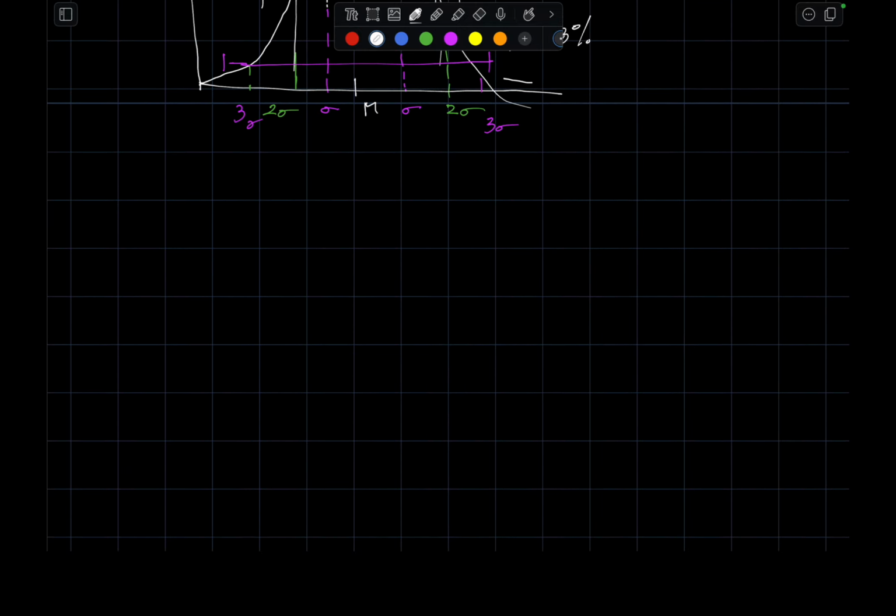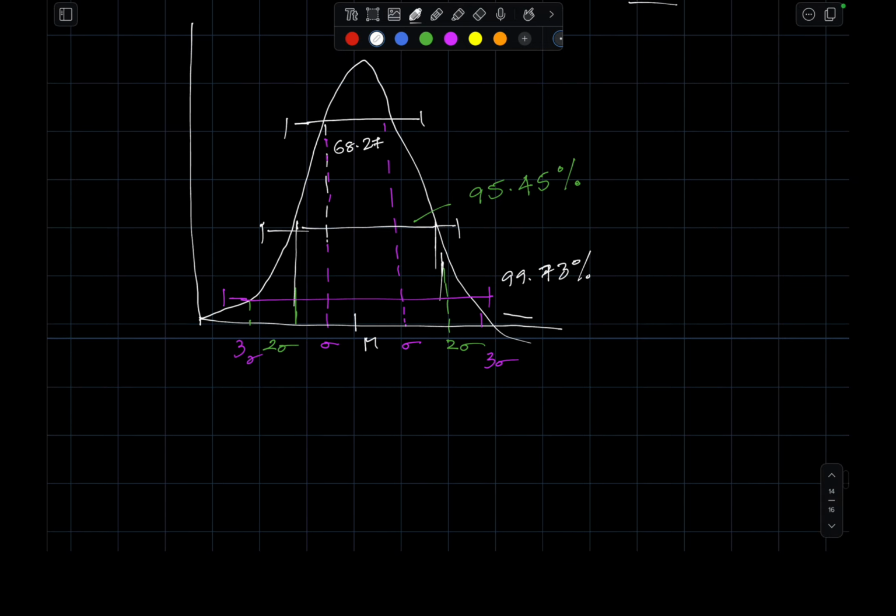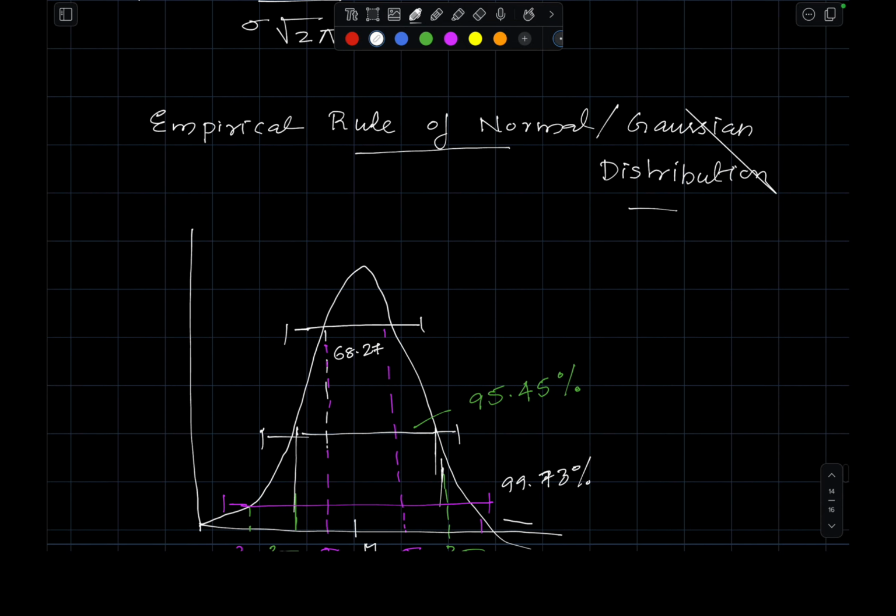So why is it called an empirical rule? Is it not theoretically derived, just observed in multiple examples? What does empirical mean? Yes, it is theoretically proven as well. It is something we can prove in most normal distribution cases. But if we have to look into the proof, it will take some time.